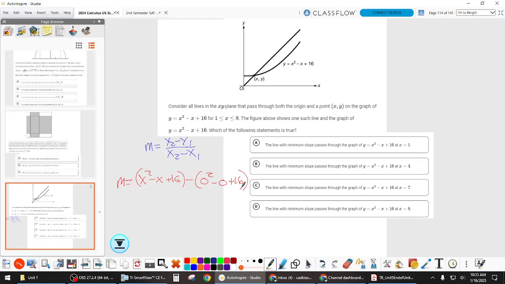Isn't it just 0, because it's the origin? It's the origin, sorry. Yes, you're right. We're not doing the slope on the parabola. Good catch. Okay, anyway, then we have just our x. And then what do we do from there?